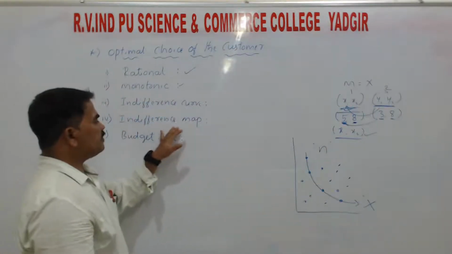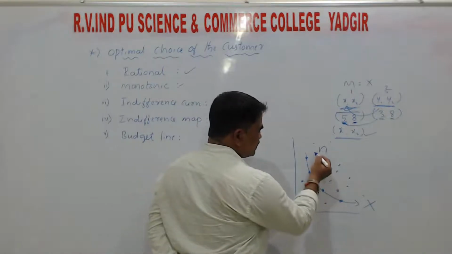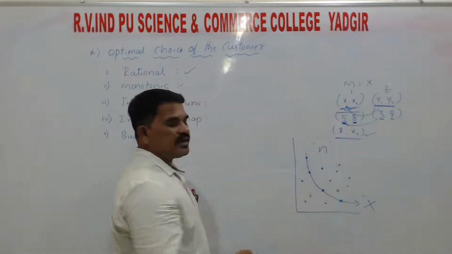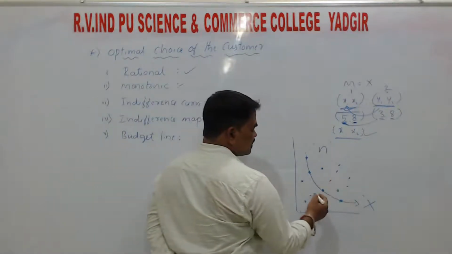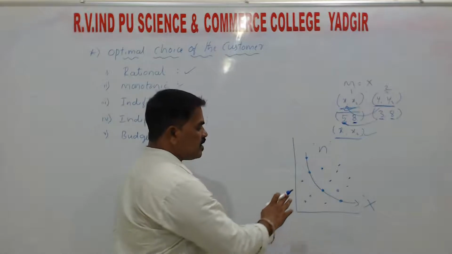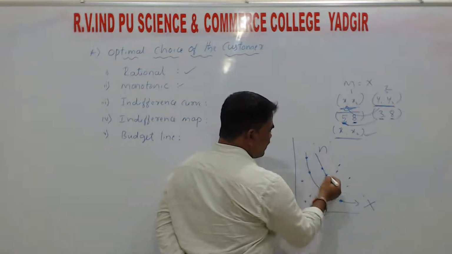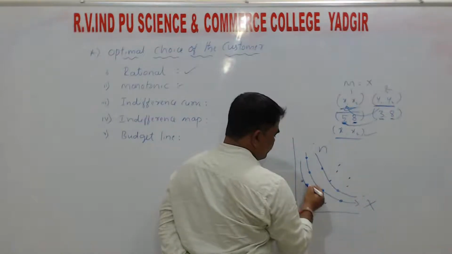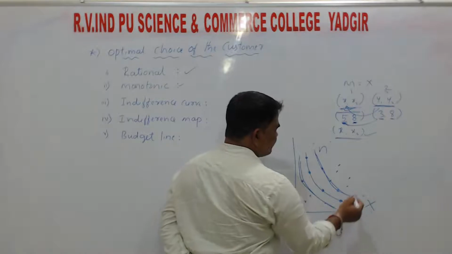Now, what do you mean by indifference curve? As we see so many bundles, what is the consumer's preference over many bundles? His preference over many bundles is represented by a family of indifference curves.